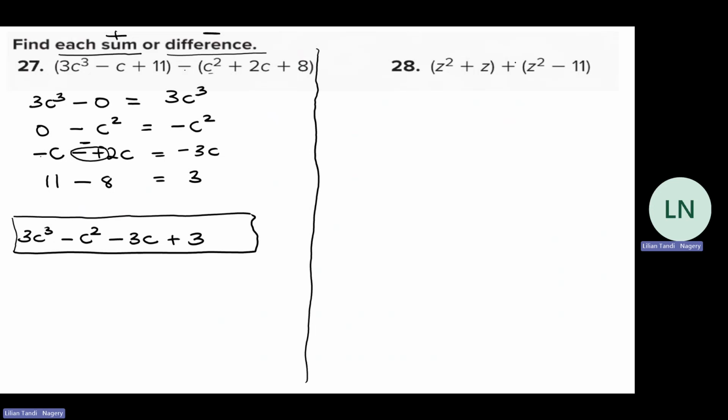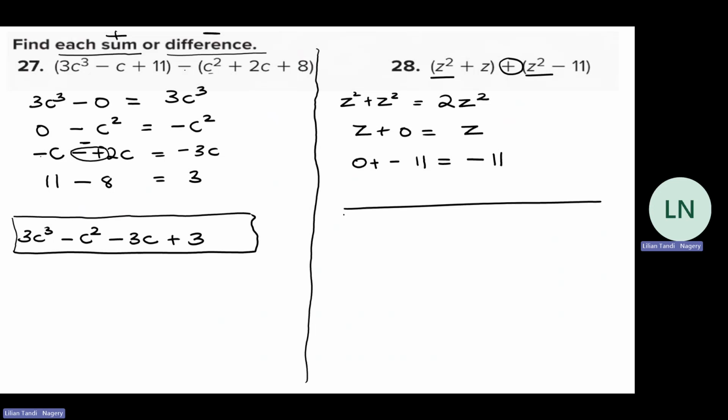Okay, so here we are adding, and who am I adding? Z squared to another Z squared. Z squared plus Z squared is 2Z squared. Then we are adding Z. Z does not have a friend here, so Z plus 0 is Z. Then 11 does not have a friend here, so 0 plus negative 11 becomes negative 11.